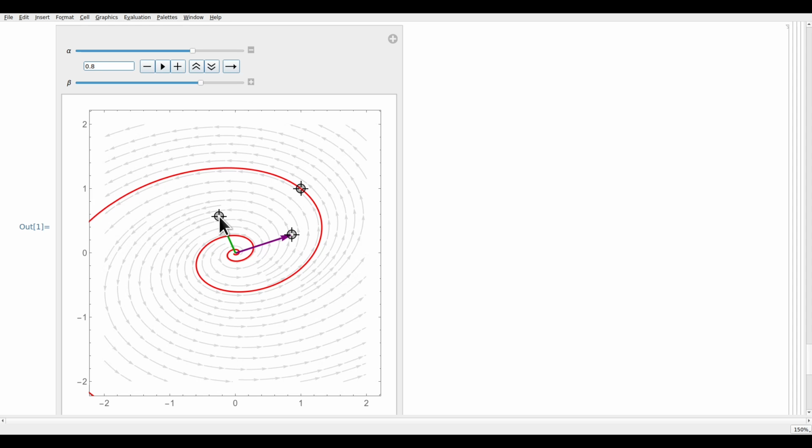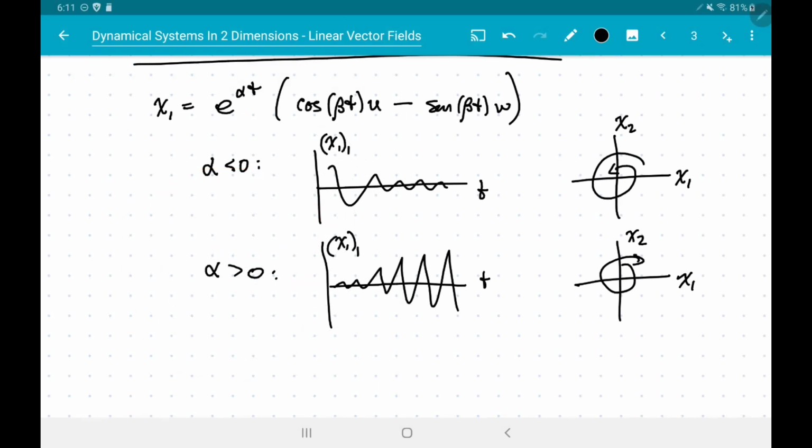So that's a quick introduction to what solutions look like in the case of complex eigenvalues and eigenvectors. I can give you some names. So these are now called a stable spiral and an unstable spiral.